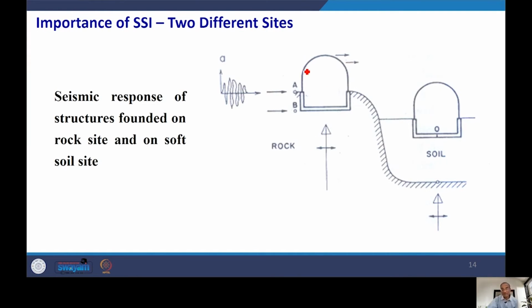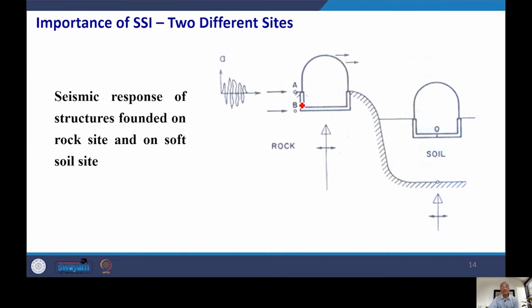Now both buildings are the same in both cases, but one is situated on the rock and the other on the soil. Let's see what happens when they are subjected to the loading mentioned here. First, let's discuss the case when your structure is situated on the rock.